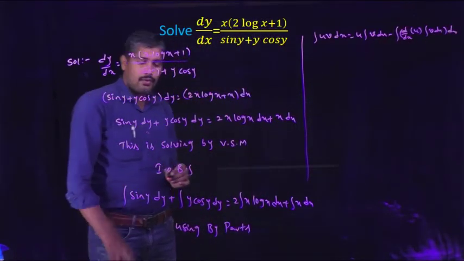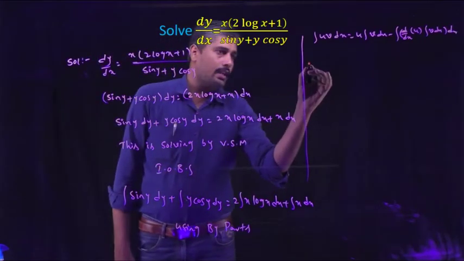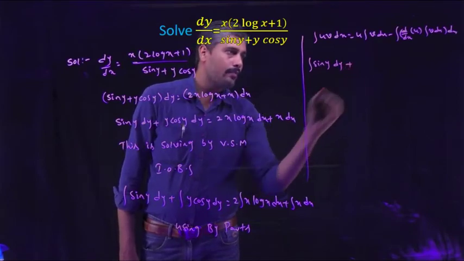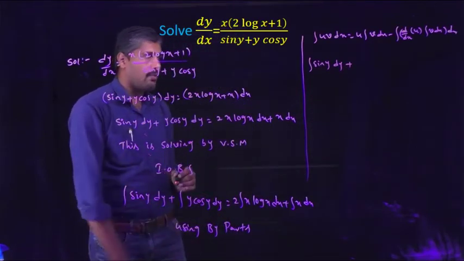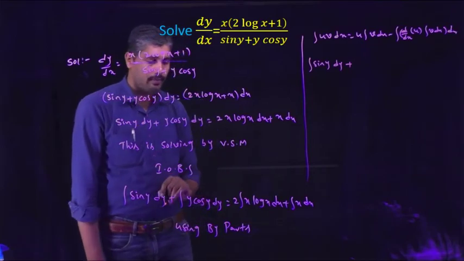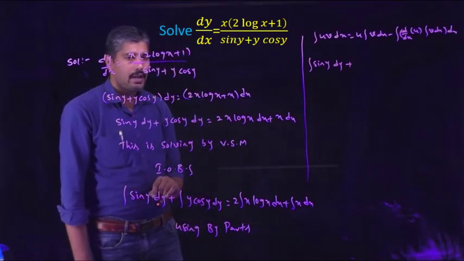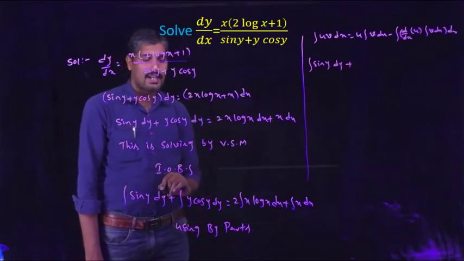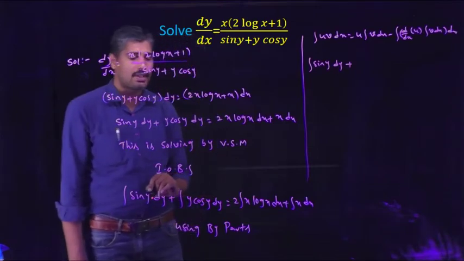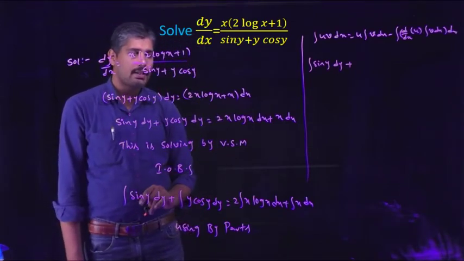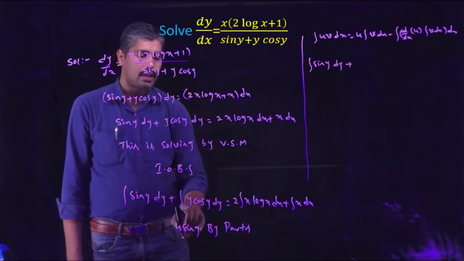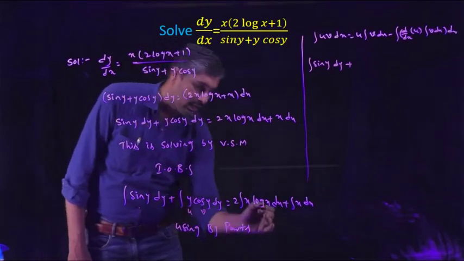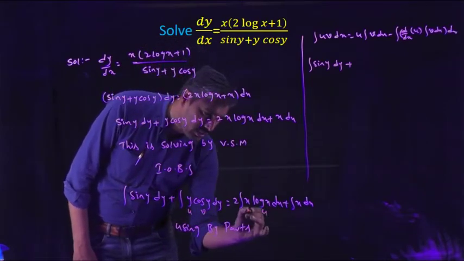We know integral sin y dy as it is, plus integral uv dy. What is u and what is v? We know ILATE: I is the inverse function, L is the logarithmic function, A is the algebraic function, T is the trigonometric, and E is the exponential function. Here y is the algebraic function, that's why y is u and cos y is v. Here the logarithmic function is first, this is u, this is v.